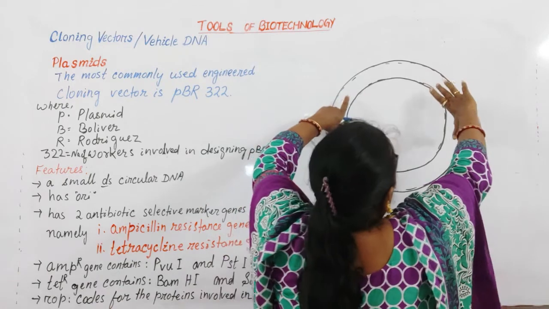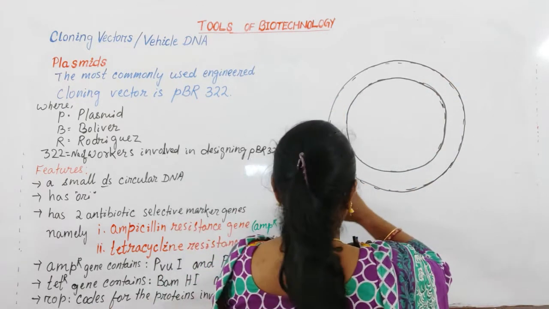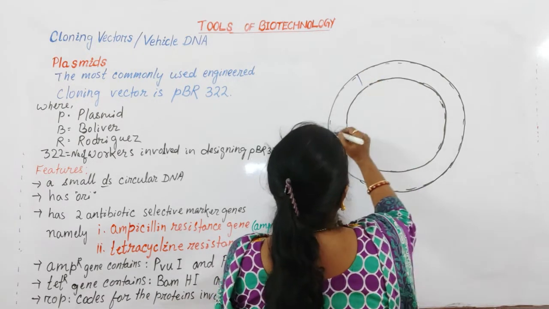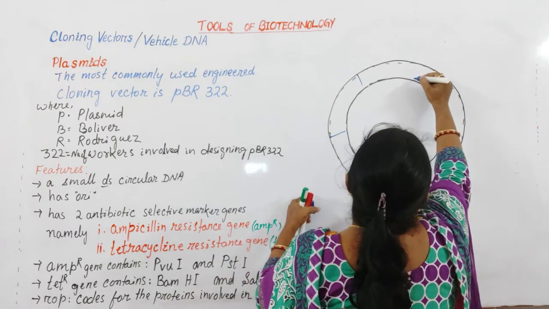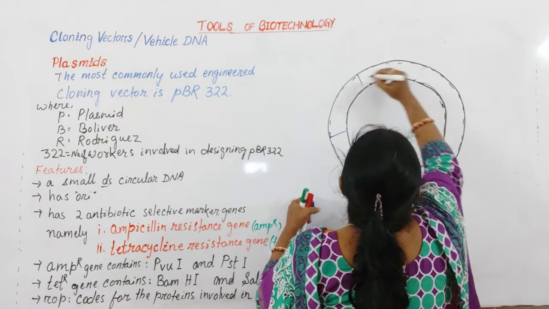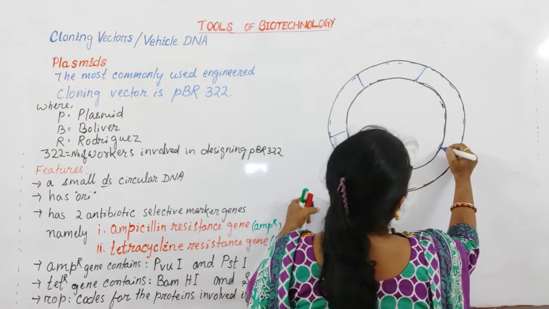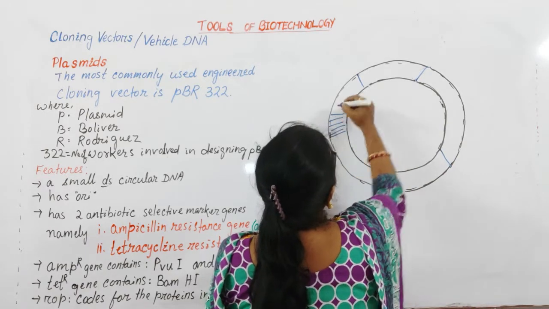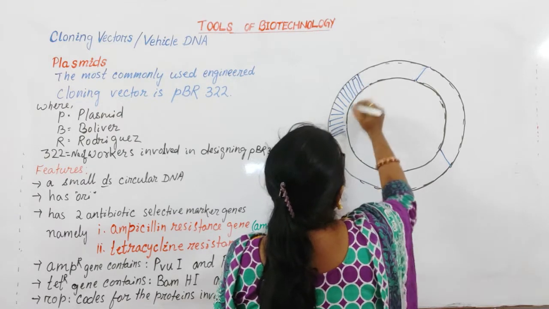Here the two antibiotic resistance genes are designed as such. Suppose this is the ampicillin resistance, R means resistance.